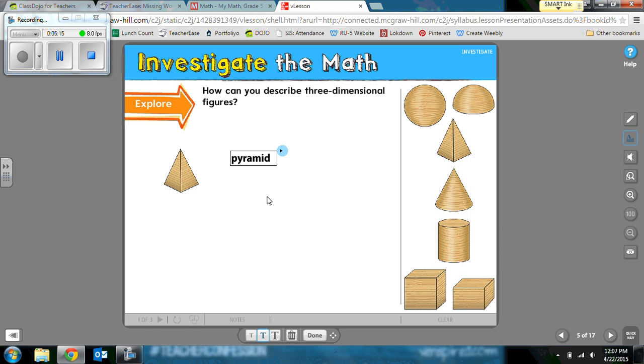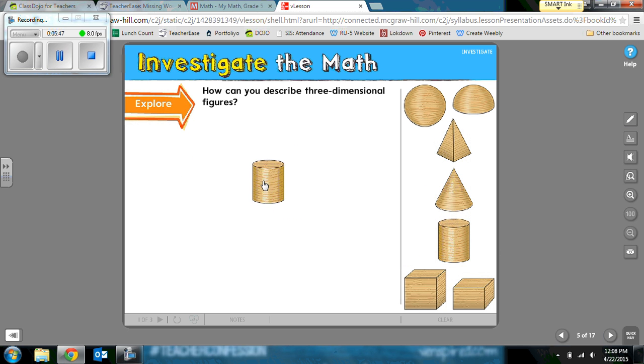Some pyramids might have 5 edges, some might have 4, but this would be a pyramid. It does have one base on the bottom. A cone would be this shape. It comes to a point at the top, but the bottom is a base. It only has one face as well. It has one edge, which is the bottom edge down here, and it has one vertex, which is this little point up here.